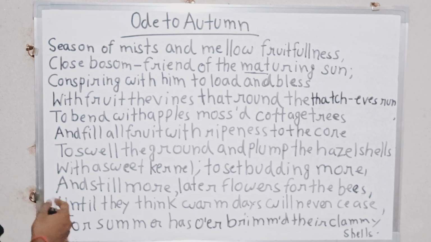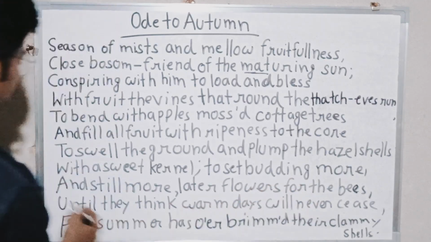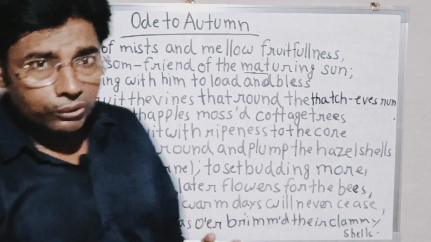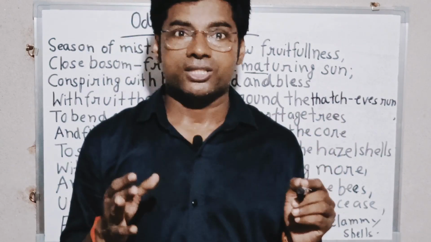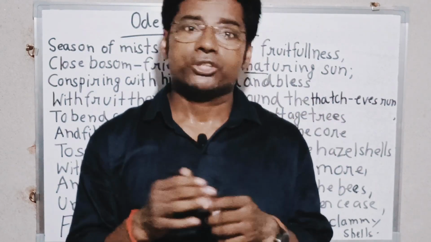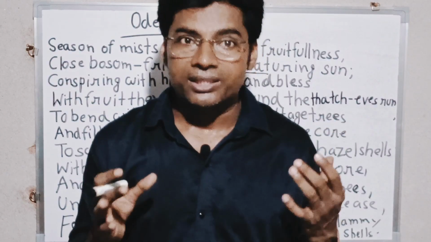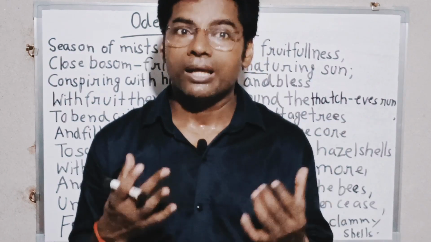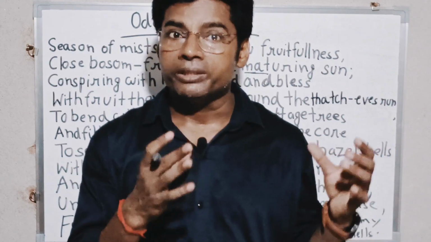He says, and still more later flowers for the bees. Those flowers which could not bloom in the summer season, now the autumn will help them bloom, particularly for the bees.